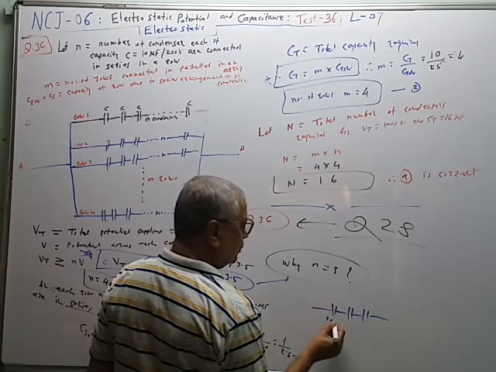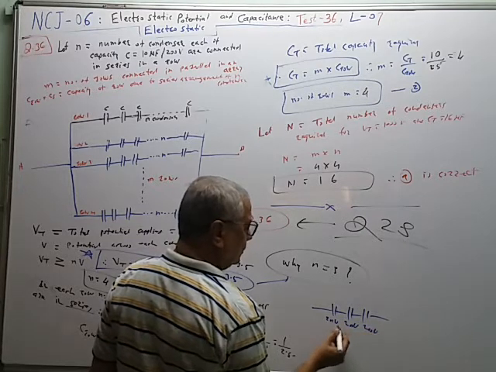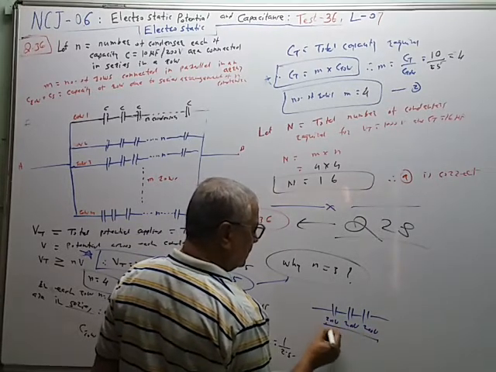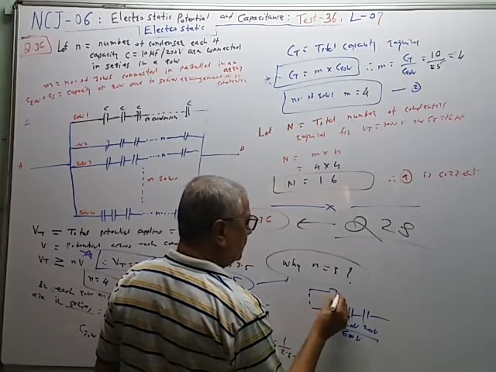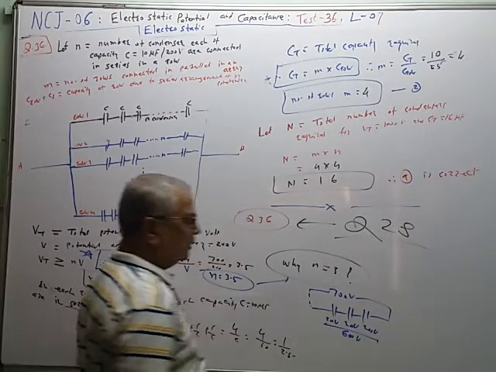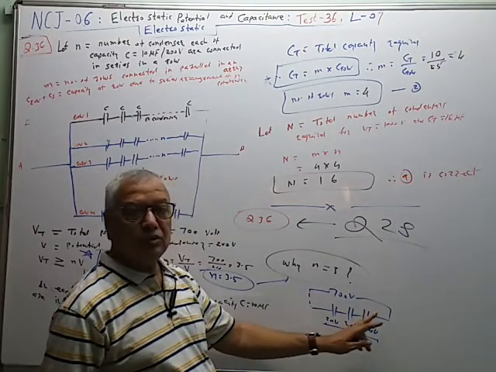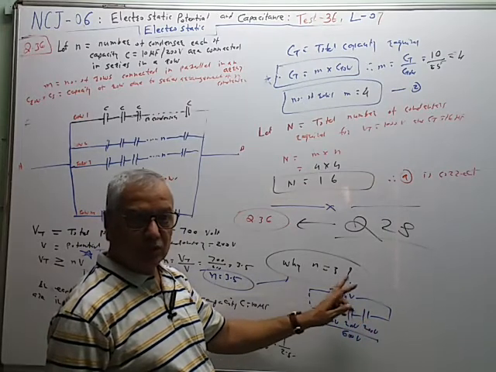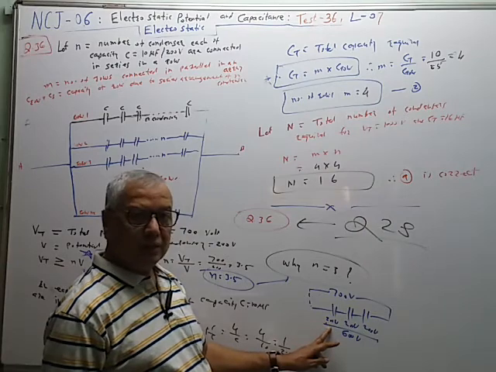So this is equal to 200 volt, 200 volt, 200 volt. So this total is 600 volt. And if we apply 700 volt, then this 700 volt is more than 600 volt. So each condenser will burn because the voltage applied across each condenser is more than 200.